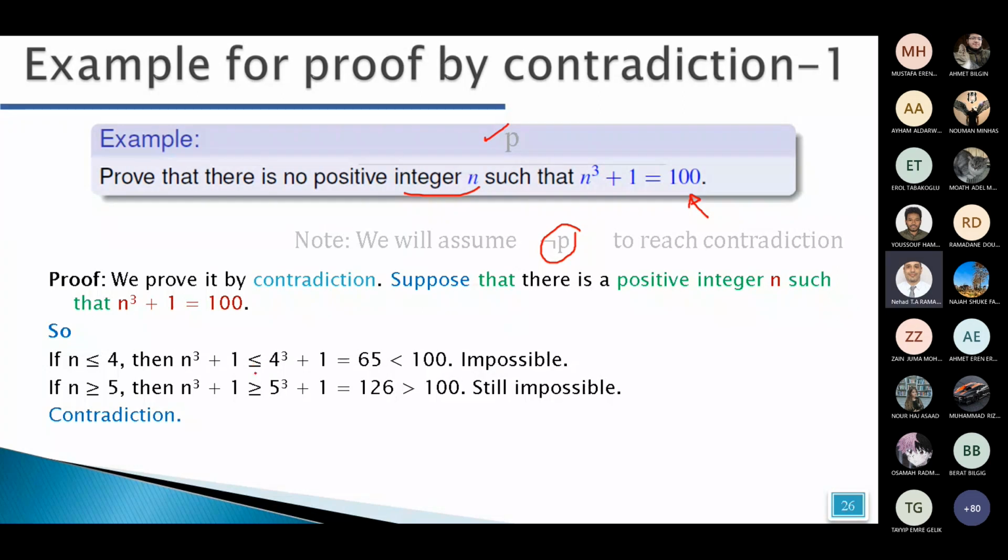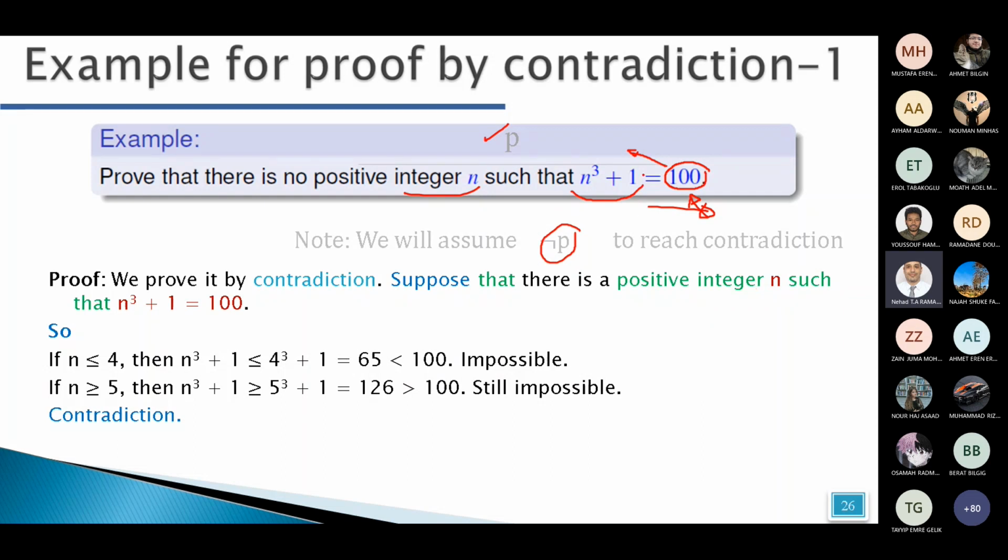So I will take one integer to make this less than 100, and the next integer to make this more than 100. This means it's impossible to be 100.